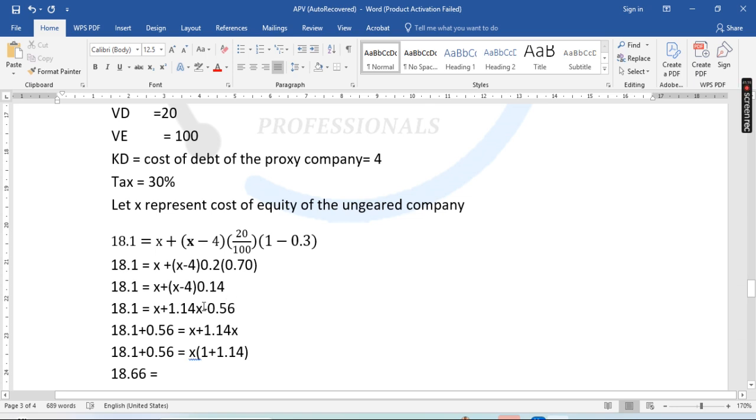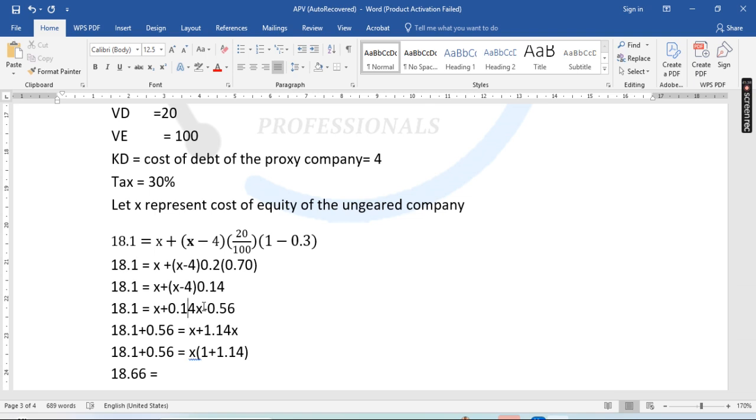0.14 times x, you have 0.14x. 0.14 times -4, what do you have? You have minus 0.56. Is that not so? Yes. Now when you collect the like terms, the other one coming here will be plus.